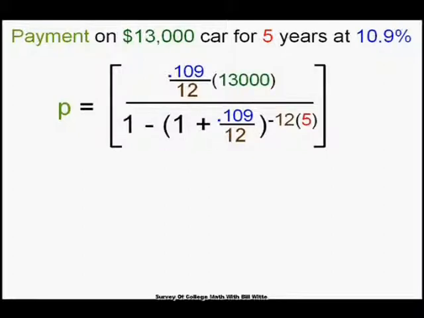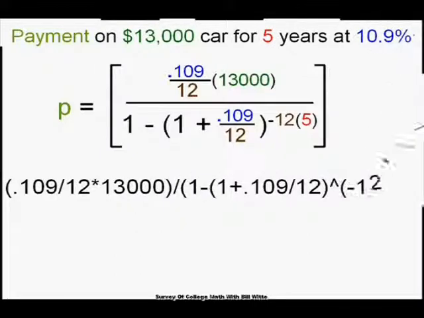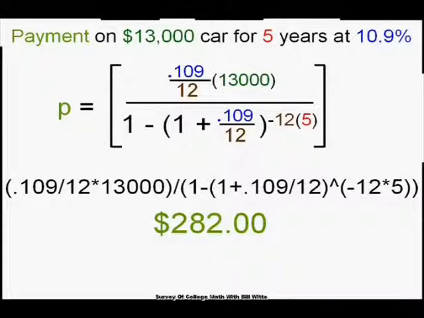Okay? And that we can just put directly into the calculator. A lot of typing, isn't it? Put in all your parentheses. Make sure you put parentheses around everything in the formula, around the numerator, around the denominator, and around any exponent. It's not the principle of the thing, it's the money.